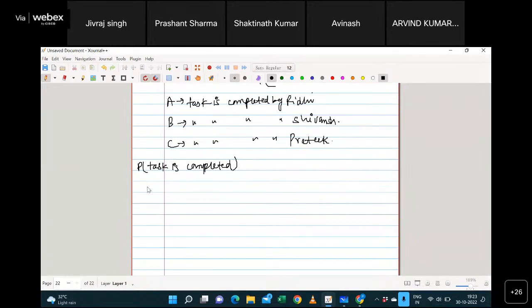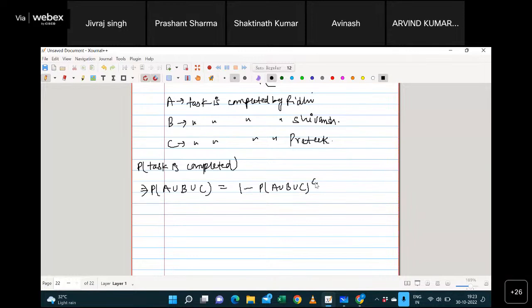Correct. So the task is completed means I can say probability of A union B union C, that is A or B or C. It's clear? Yes, sir. By De Morgan's law, I can write 1 minus probability of (A union B union C) whole complement.